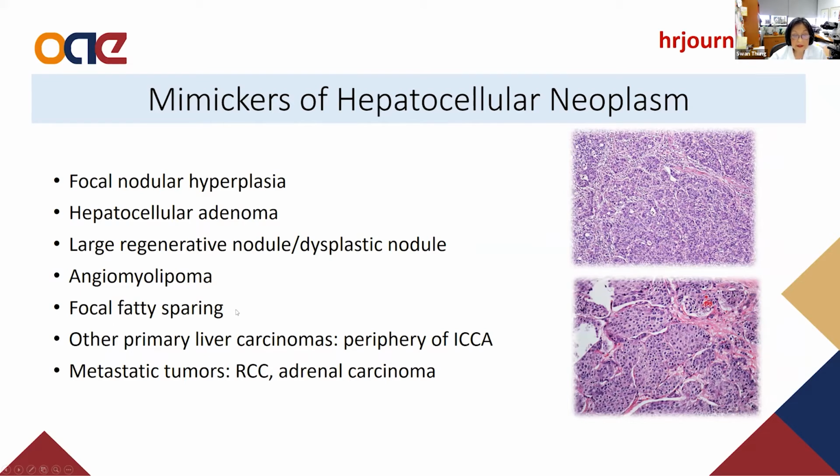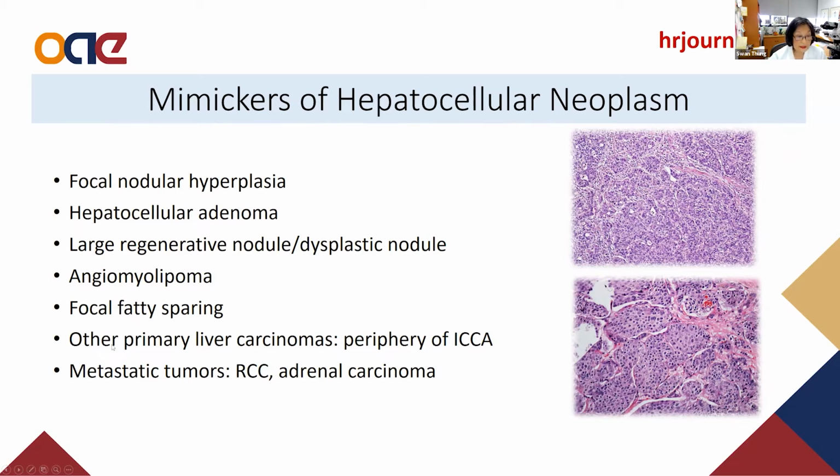Focal fatty sparing in a liver with severe fatty liver, an area in which the fat was not present, may look on imaging like a lesion or a mass and will be biopsied. That could also be a problem because very often the hepatocytes are kind of hyperplastic in that area.